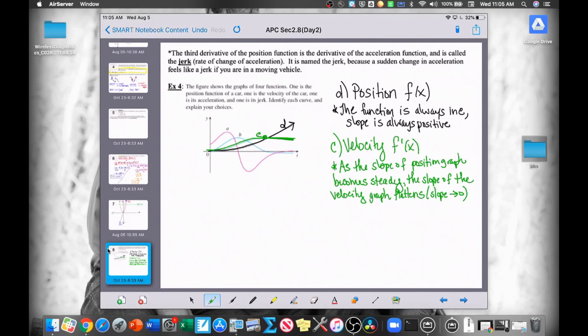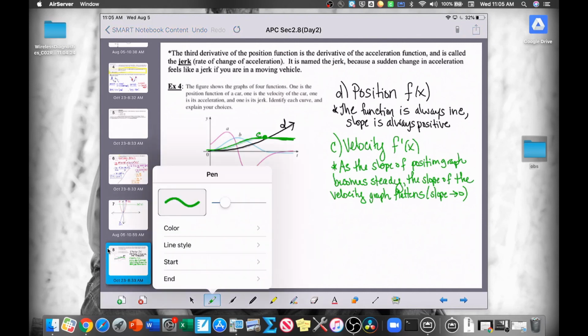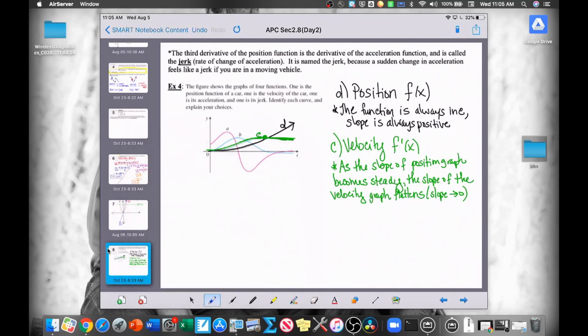Our slope is going from increasing to decreasing. So I would be looking for a graph where the graph goes from above the x-axis to below the x-axis at that approximate location. And if you look at A and B, the obvious choice is going to be B. B has an x-intercept right there at that point where we said C was changing from increasing to decreasing.